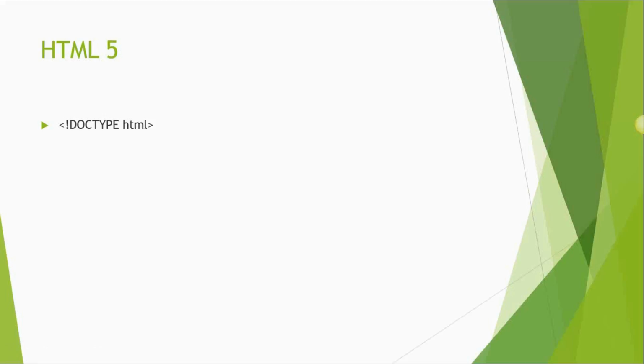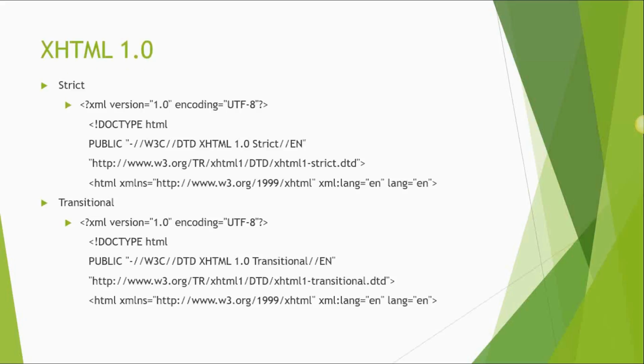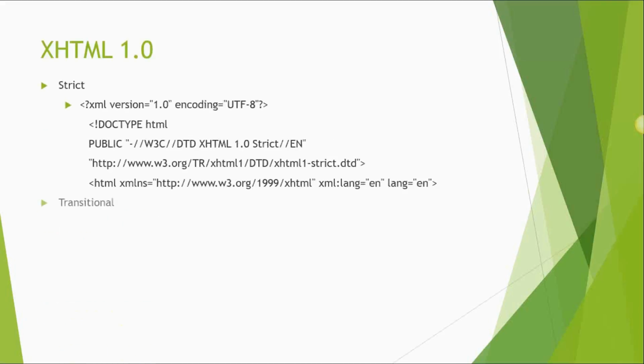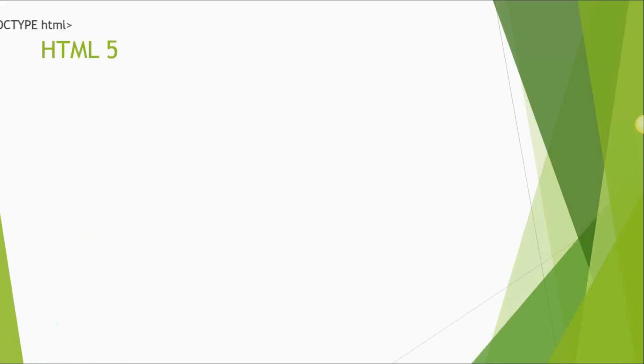So HTML5 has made it simple, rather than using these big doctypes, which we can't even remember how to write. Of course, we copy them and keep them somewhere. If we are using HTML 4 or XHTML, then we have to use these doctypes. And if we are using HTML5, then we have to use just the doctype HTML.